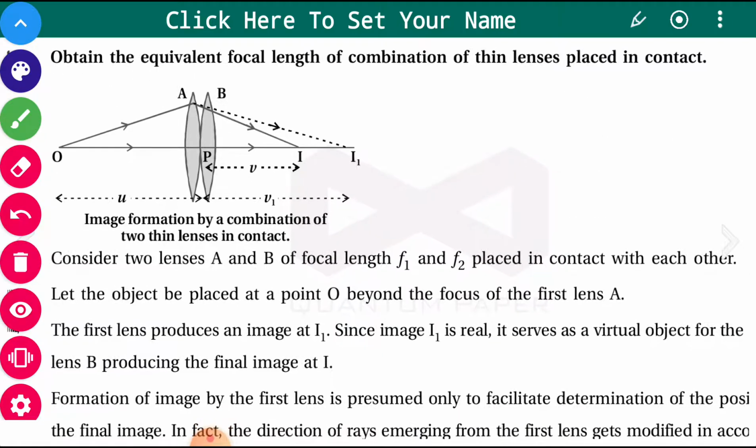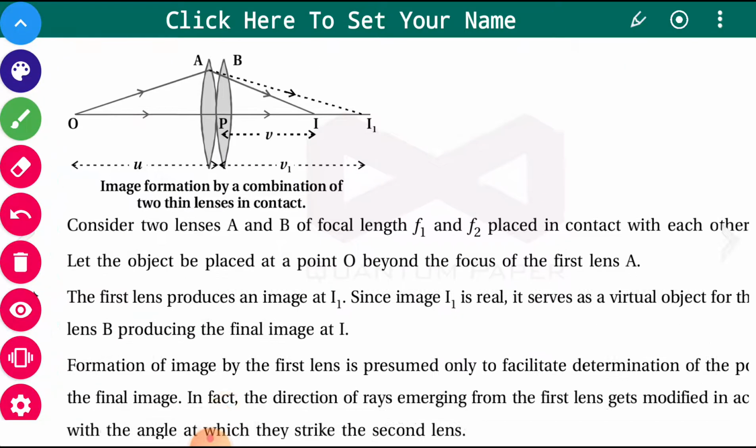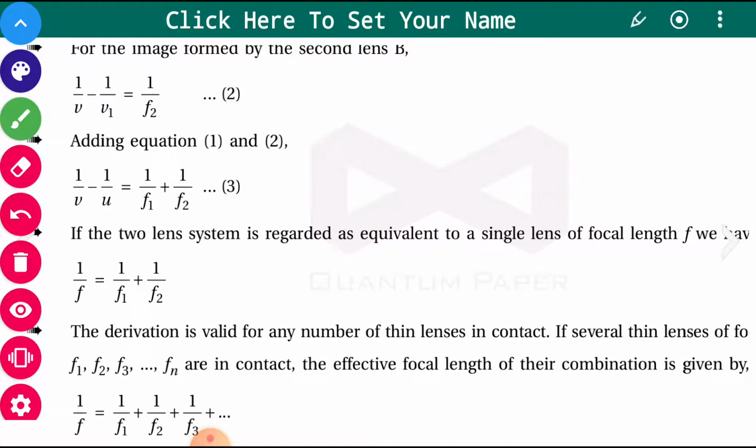So the equation for the second lens is 1/f2 equals 1/v minus 1/v1.